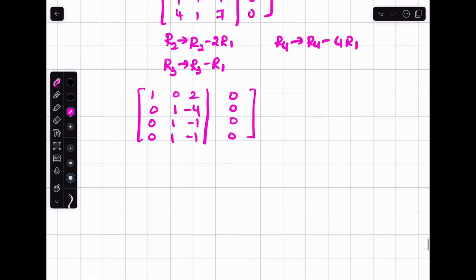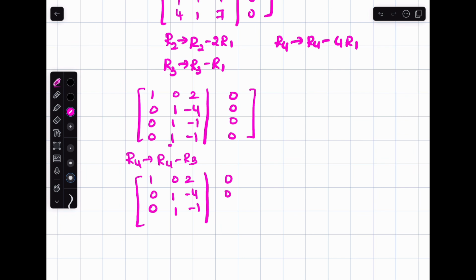All right, now what we have to do is we have to apply for the row 4, that is row 4 changes to row 4 minus row 3. So what you will get, the answer will be, first row remains the same, so we'll write it down, 1 minus 4 0 0 1 minus 1 0. The last row becomes 0 0 0.